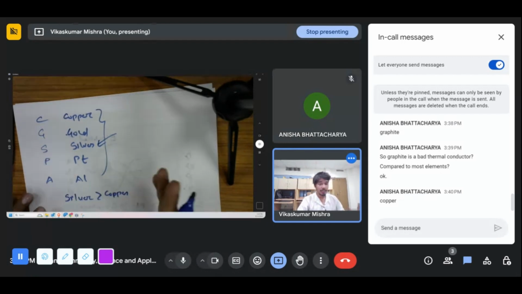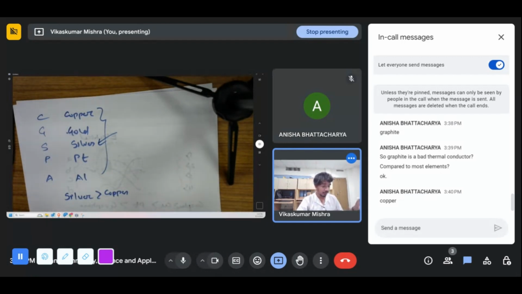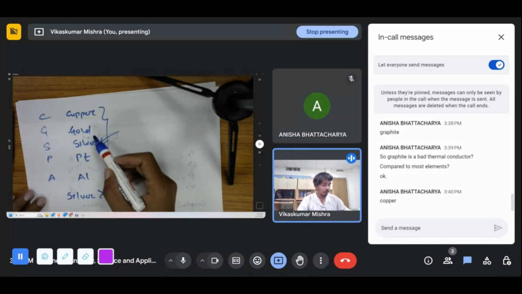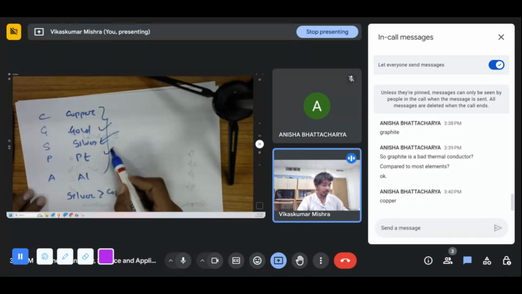Initially, I was also telling everyone that it's copper, but recently I read one book, and based on that I got to know that it's silver. Then, what about the remaining things? Gold, platinum, and aluminium. Who will come after the copper?